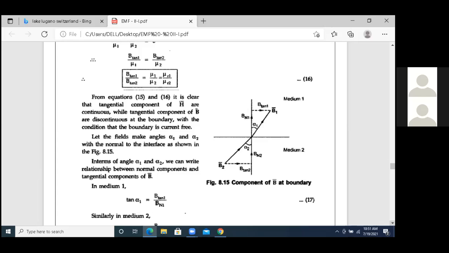So H normal 1 would be equal to H normal 2 and B tangential 1 equal B tangential 2.